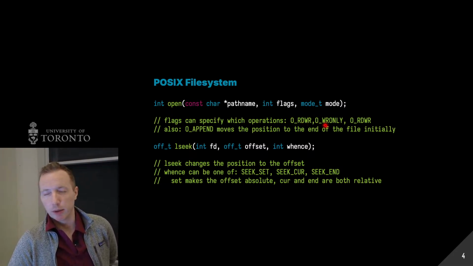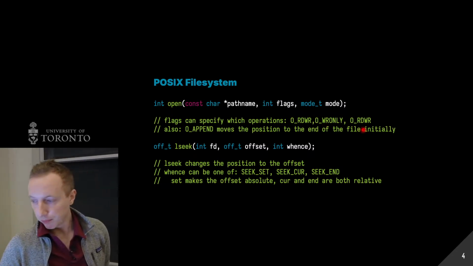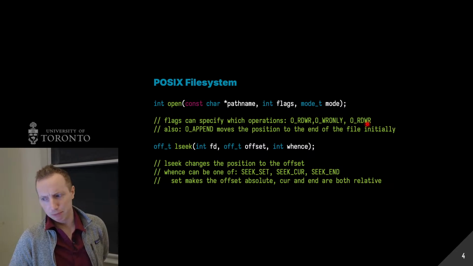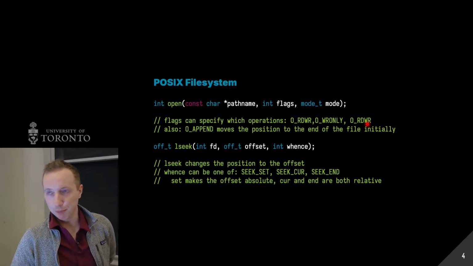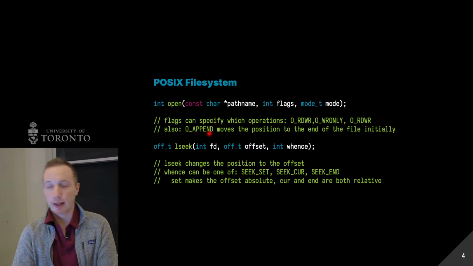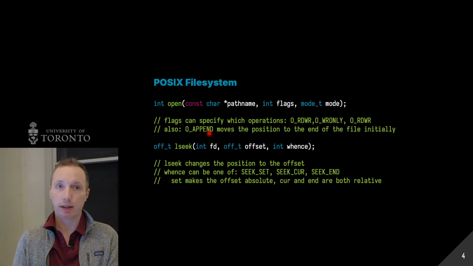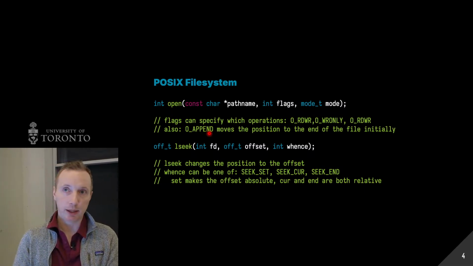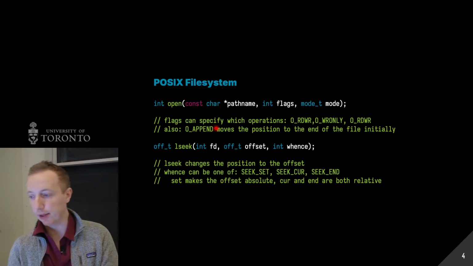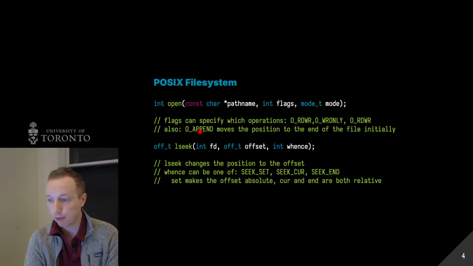Write only means I can only write to it, I can't read from it. And I duplicated it for some reason, that should just be read only. So I could read only and not be able to write to it. There's also this append flag, and that will move the position to the end of the file initially. So if I want to just add content to the end of the file when I write to it and don't want to destroy anything that's existing there, I can do append and that will move that position for me.